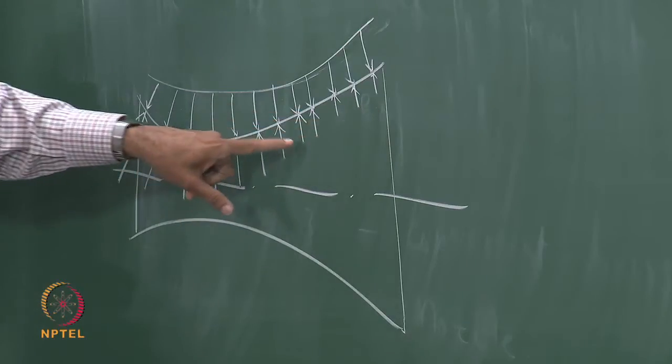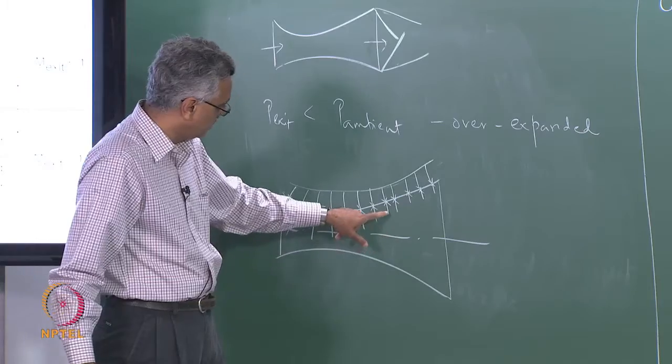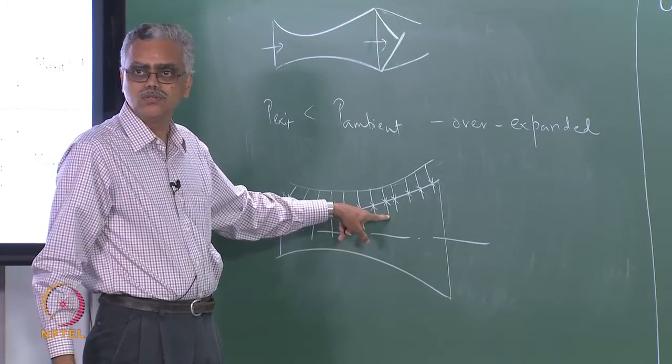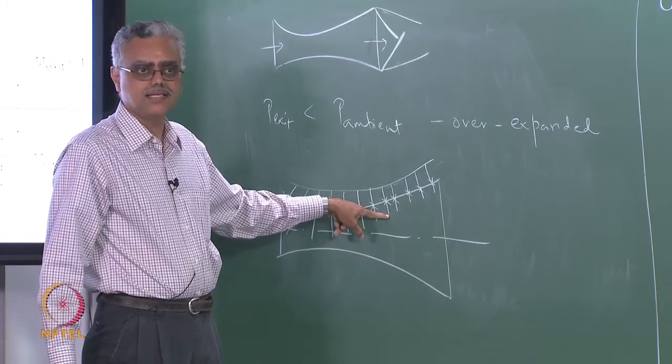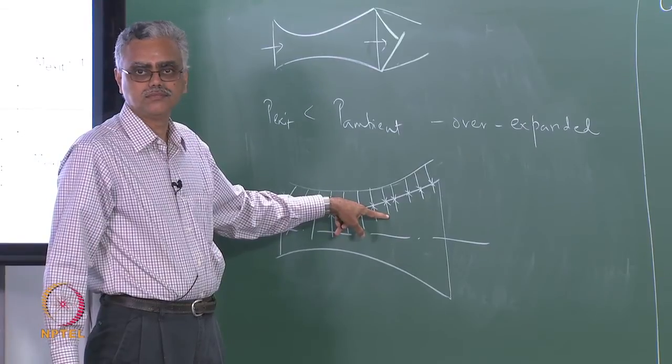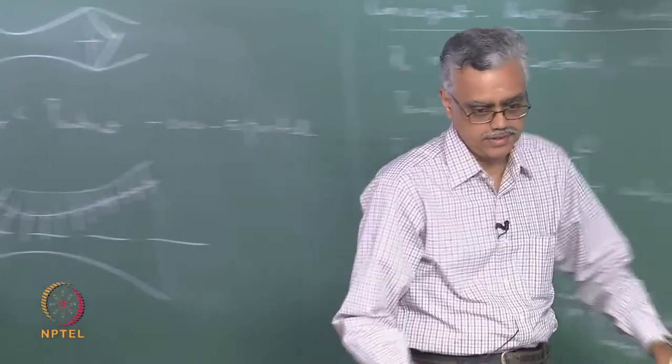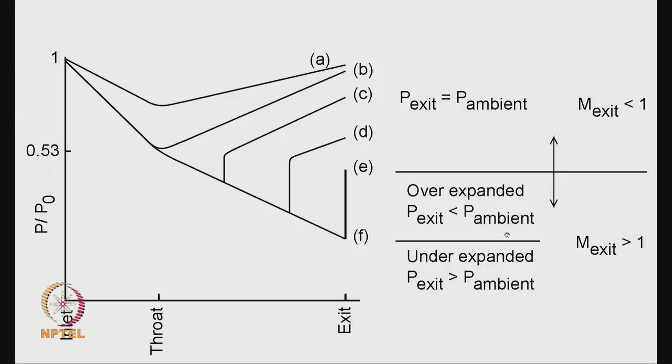Notice that at some point here, if the flow is overexpanded, at some point in the divergent portion, the pressure inside the nozzle becomes less than the ambient pressure, correct? If you think about it, if you look at this figure here, notice that if the ambient pressure is at this value, for example, the pressure at this part of the nozzle becomes equal to the ambient pressure.